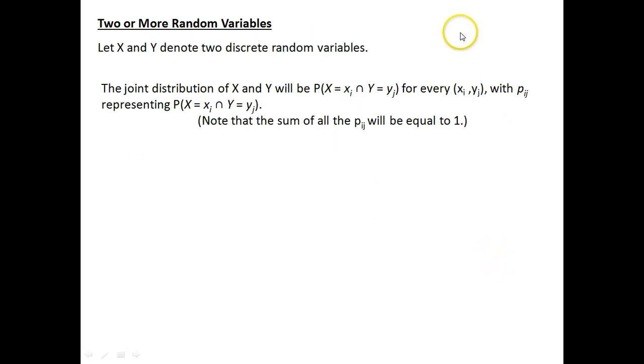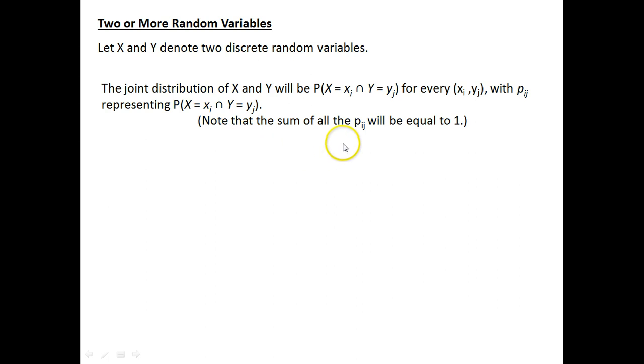lambda. For two or more random variables, let x and y denote two discrete random variables, then the joint distribution of x and y will be the probability of x equals each xi and y equals each yj for every xi and yj, with the corresponding probability p_ij representing the probability of the joint x and y.